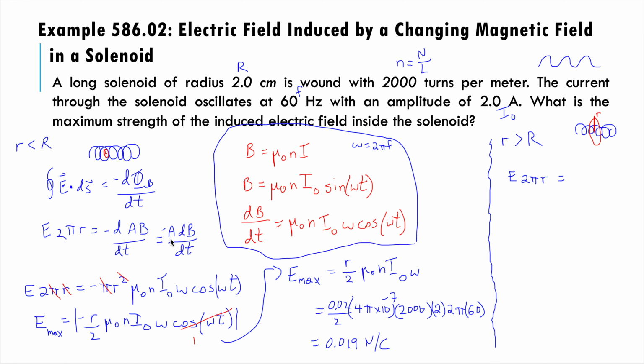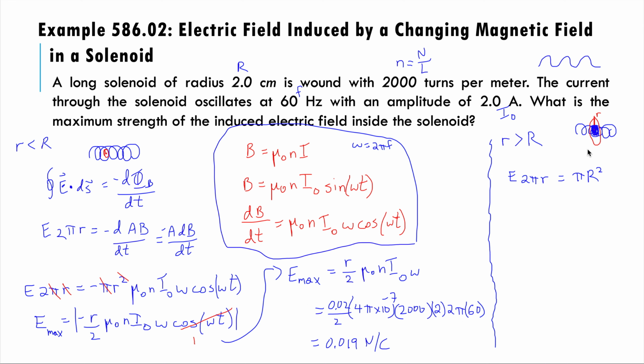When you plug in the area, it's not the area of the loop, but the area through which there's magnetic flux changing. So you cannot put pi r squared for the area. You have to put pi big R squared, because the flux is only changing through where the solenoid is. It's not changing everywhere outside.